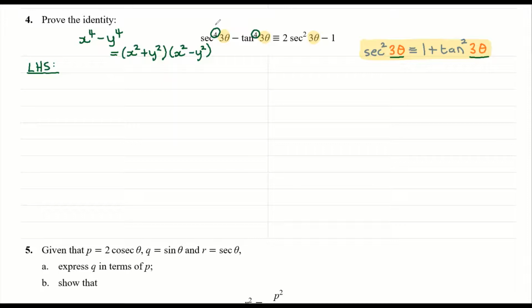All right, so let's have a go at this. So on the left-hand side, we've got a factorization. So let's start with a bracket. And we're going to have sec squared 3 theta added to tan squared 3 theta.